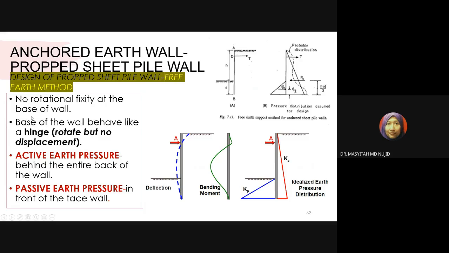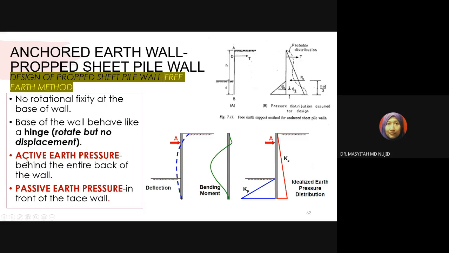But the thing here is that you can see no rotational fixity at the base of the wall. That is the first assumption that we make: the base of the wall behaves like a hinge, it rotates but has no displacement. It means that the base here functions like a hinge. What is a hinge? A hinge is a boundary condition that allows for any rotation that may be produced by the moment, but with the assumption that no displacement takes place.